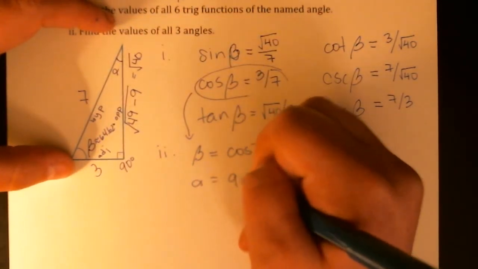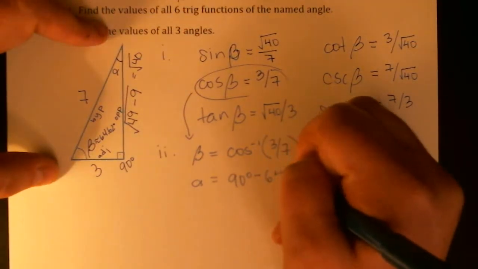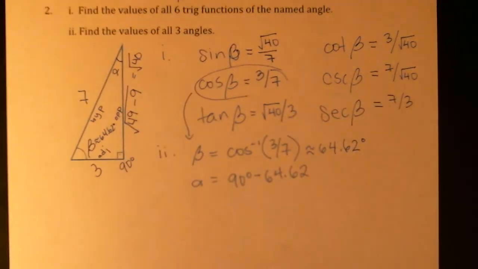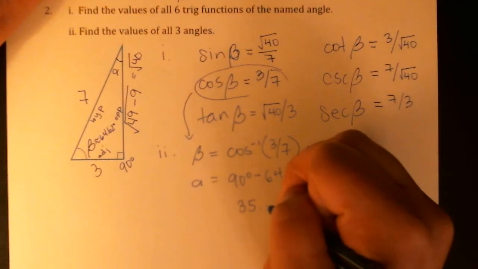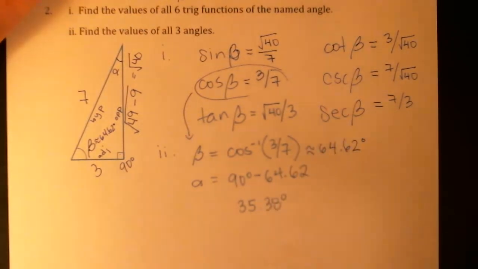Alpha is going to be 90 minus 64.62, which is going to give us, what, 35.38. You'd think I would be really quick on my decimals, but I'm not always.